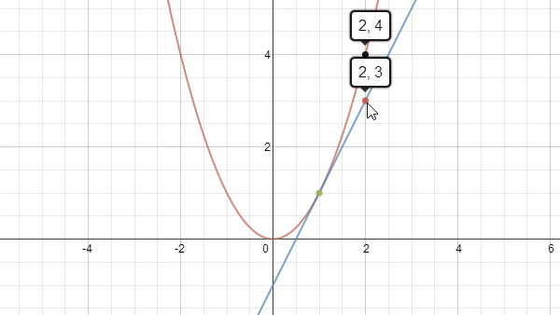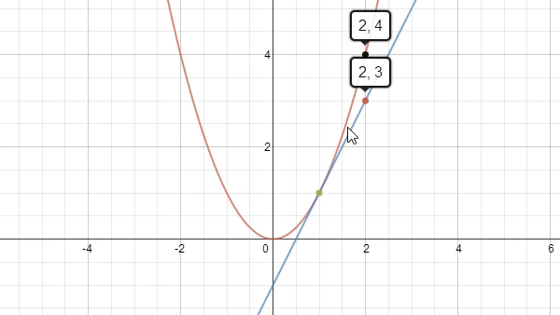And then we pick where x is equal to 2 on the tangent line right here, and its y value corresponds to 3. I don't know if I mentioned it or not, but this is the point right here, (1, 1). Well, take a look at the y values. We have 4 and 3. So if we were trying to get an approximation of the y coordinate, that's a difference of 1, and I don't think that's going to be a very good approximation.